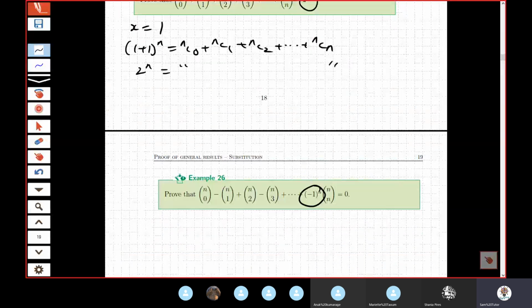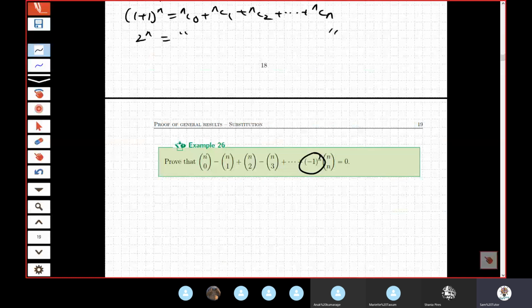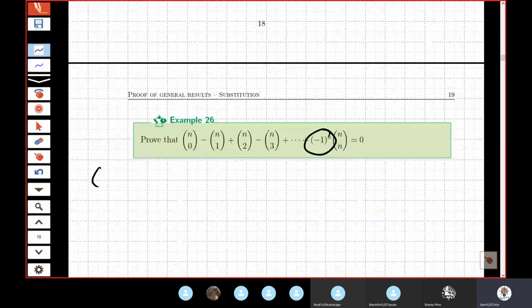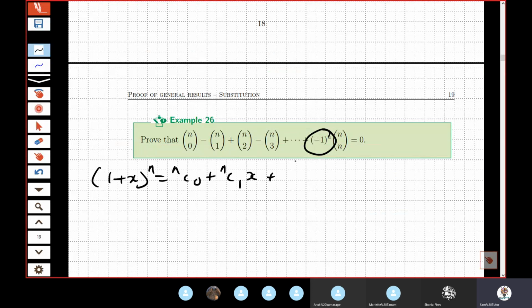If this was a standalone question, you have to understand, you start with 1 plus x to the n equals n choose 0 plus n choose 1 x plus minimum 3 terms, 1, 2, 3, then plus dot dot dot plus n choose n x to the n, and then of course x equals minus 1, and you will prove the result.